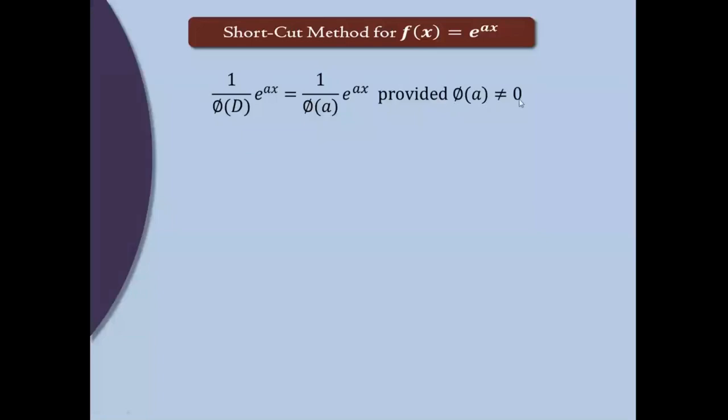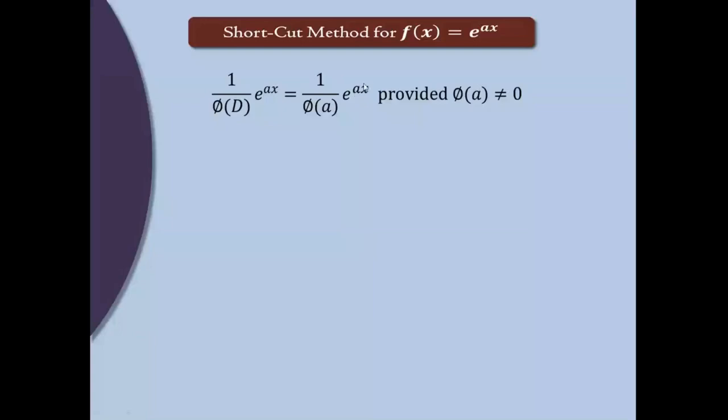The condition we have to remember is that it should be non-zero. For example, if you want to solve 1 upon D plus 1 e raised to 2x, here we have D plus 1 and here we have e raised to 2x. Then by this shortcut method, wherever D is there, we replace it by a, that is 2. So it becomes 1 upon 2 plus 1 e raised to 2x.